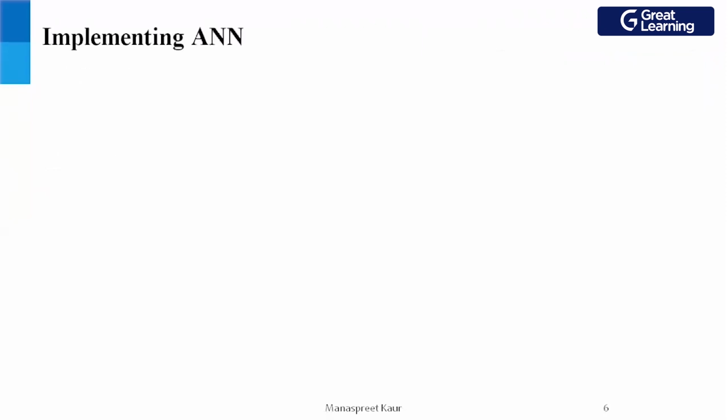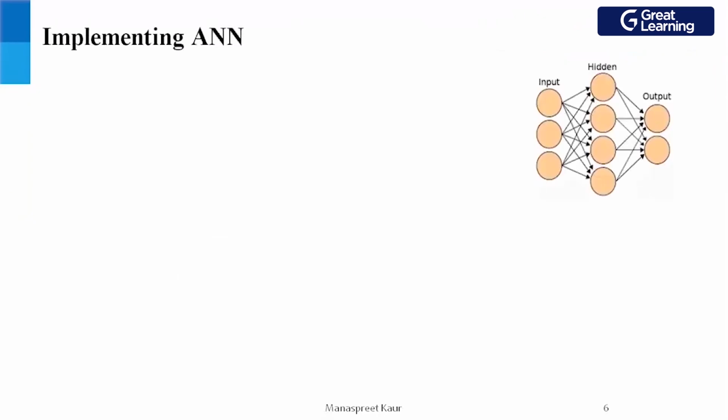Okay. Now we'll see how we implement the artificial neural network. So this is a simple diagram to show how a neural network works. There are, for example, 3 input variables and 2 output variables here.